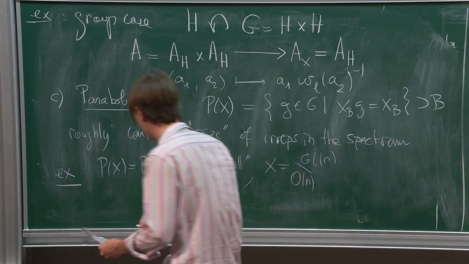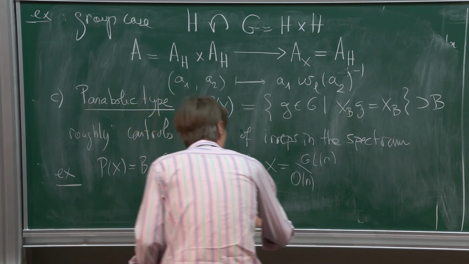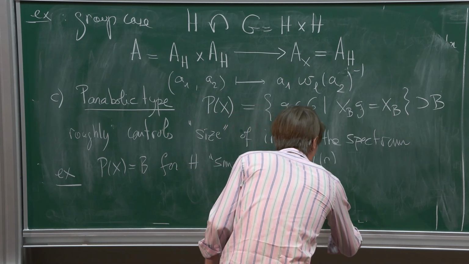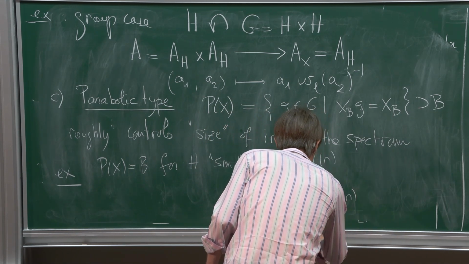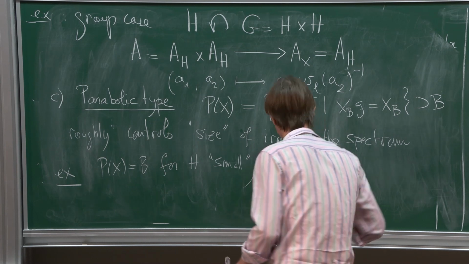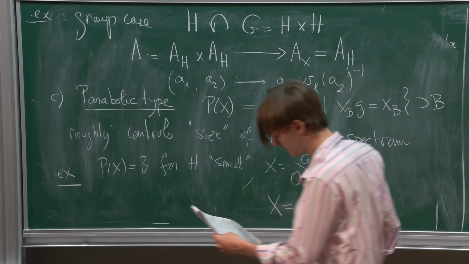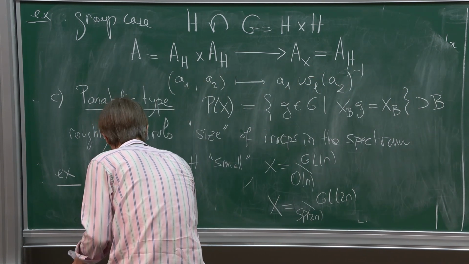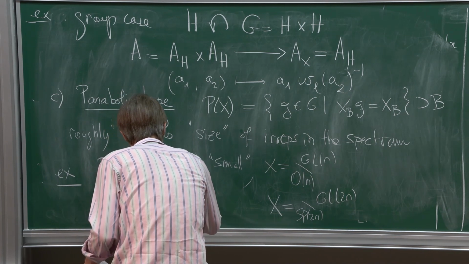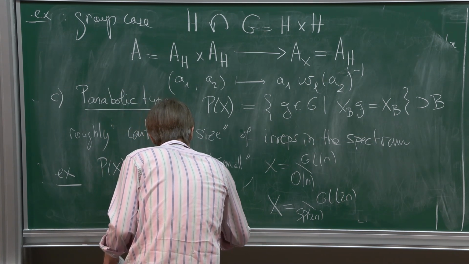And another example where P_X is not B is that for X, now we take GL_2n mod Sp_2n. So Sp_2n is much bigger than the orthogonal group O_2n. P_X is the standard parabolic of type (2,2,...,2).